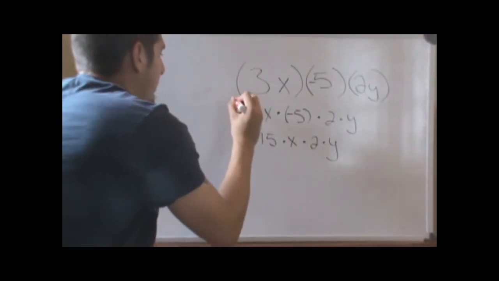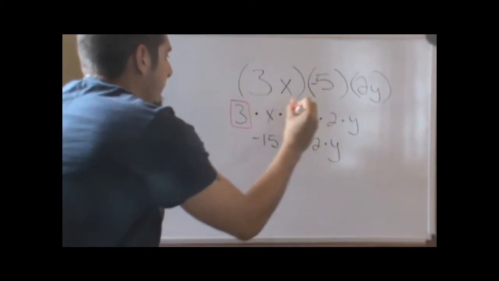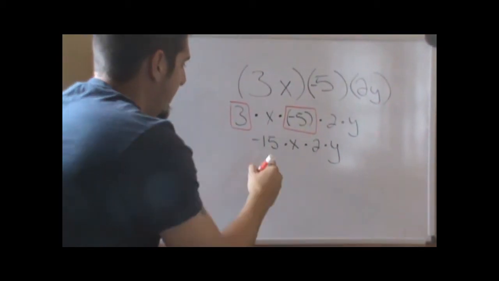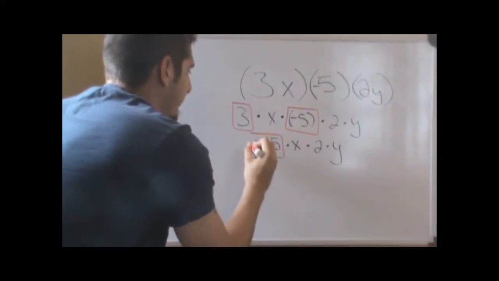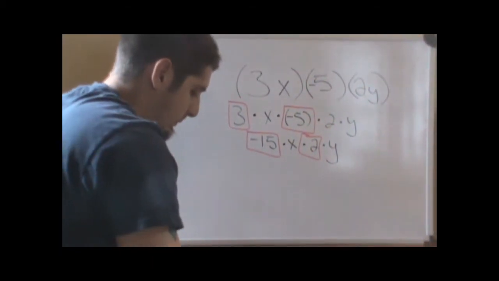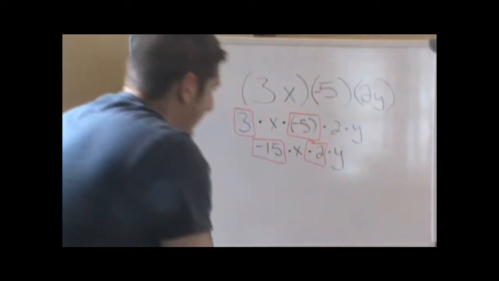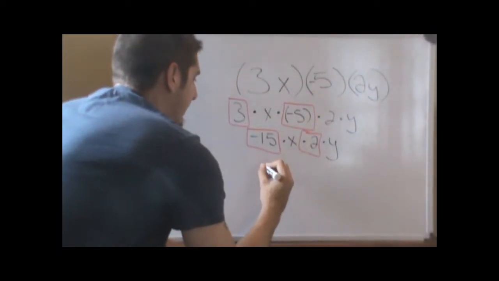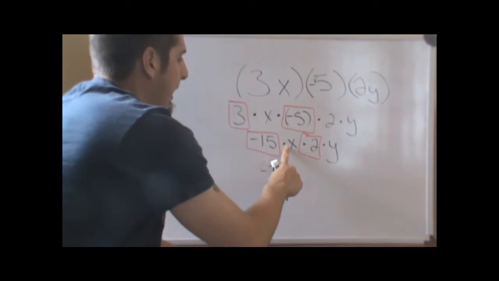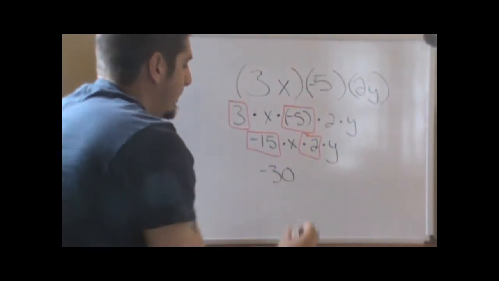So I did 3 times the negative 5 here. And down here I'm going to do the negative 15 times the positive 2. And negative 15 times 2 will get me negative 30 times x times y.